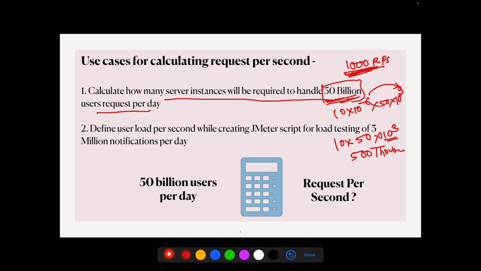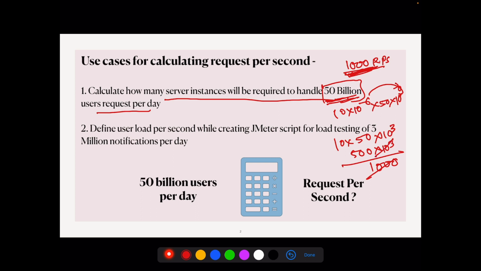So I am going to have 500,000 requests per second. Now let's say I have to calculate how many server instances will be required. For doing that, how am I going to do it? Again, I am going to take the same number, 500 into 10 to the power 3, and I am going to divide it by 1000.